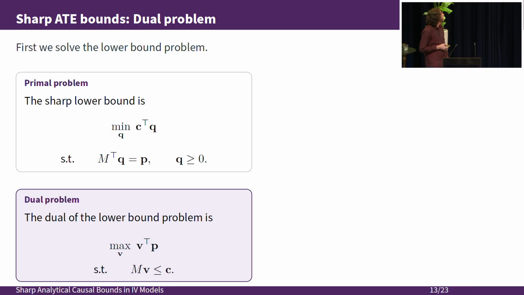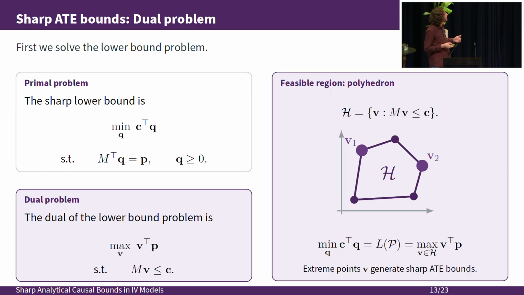In order to find symbolic bounds, the main route is to dualize the problems. If we dualize our problem, we can see that our objective is linear in terms of P, and our conditions are completely independent of P and Q. Also, our feasible region is a polyhedron, and we can just find the max.